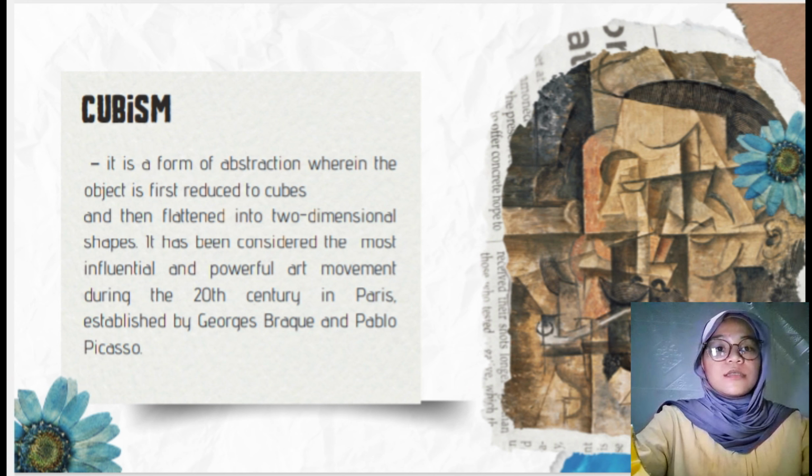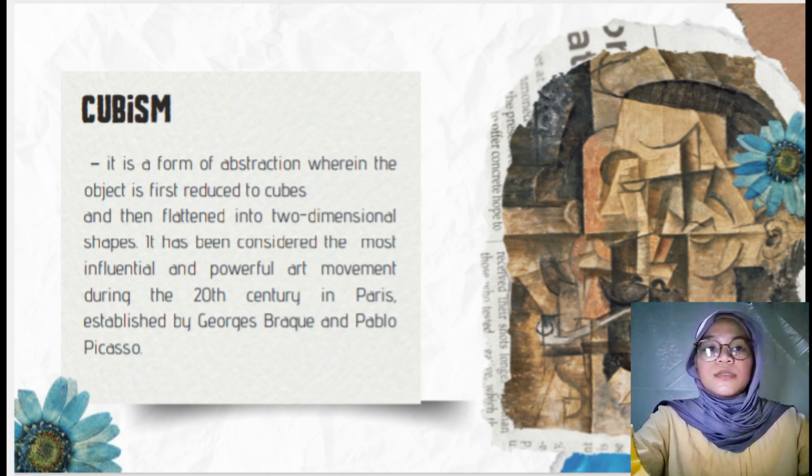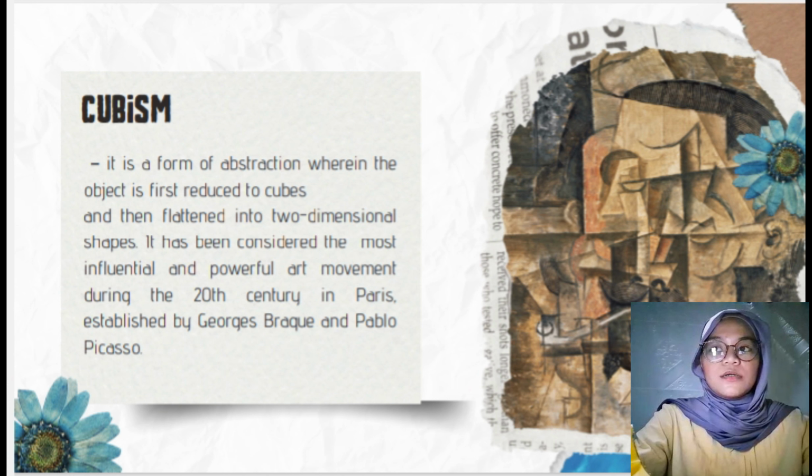We can see in that example of Cubism that instead of painting how things look, Cubists wanted to show how we think about objects, how we understand their form and structure. But simply, if we look at the example in the picture, it is broken into flat, angular shapes like a sculpture turned into a flat image.